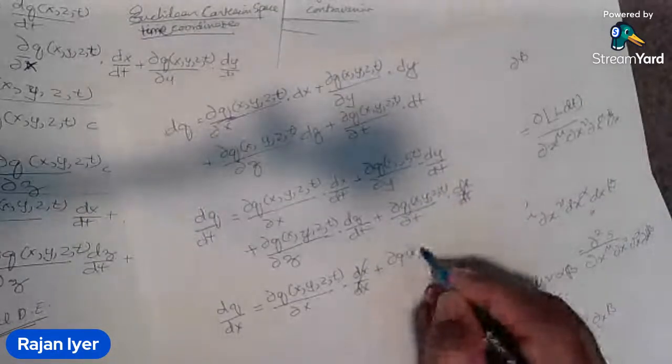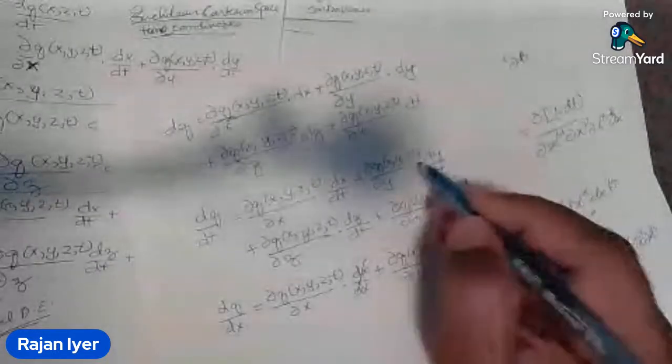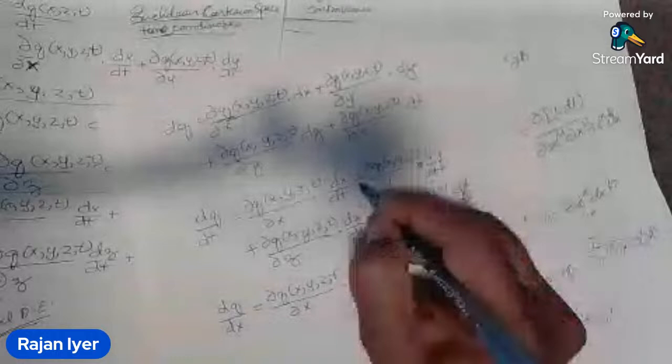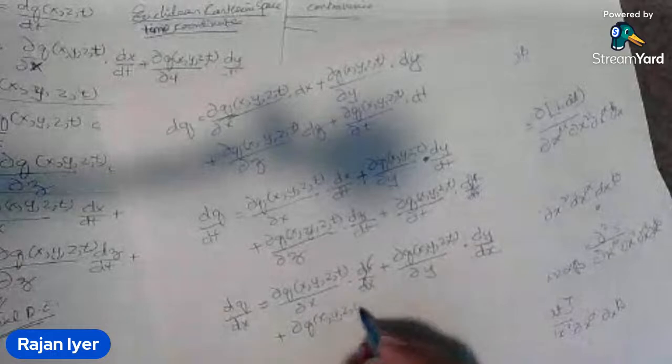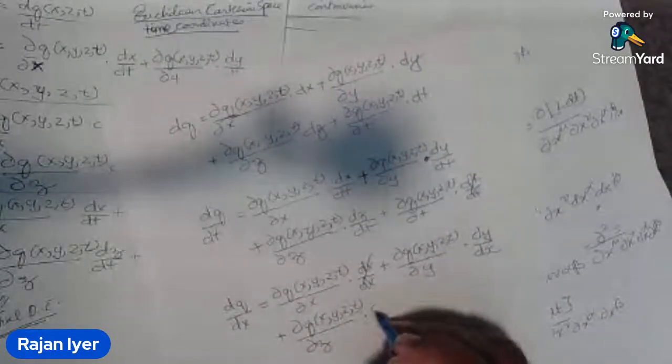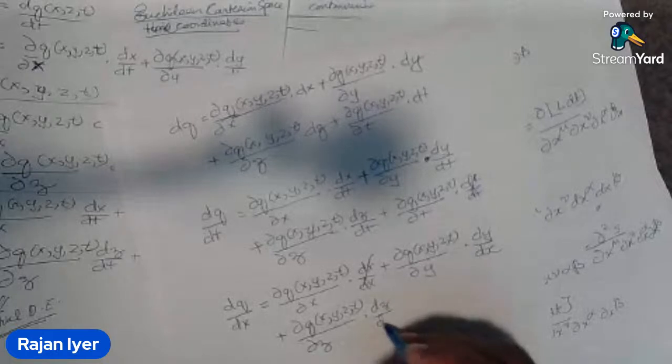We have to figure out the rest of it. Del y, dy by dx, that stays there, plus del q x y z t over del z, dz by dx, that stays there.